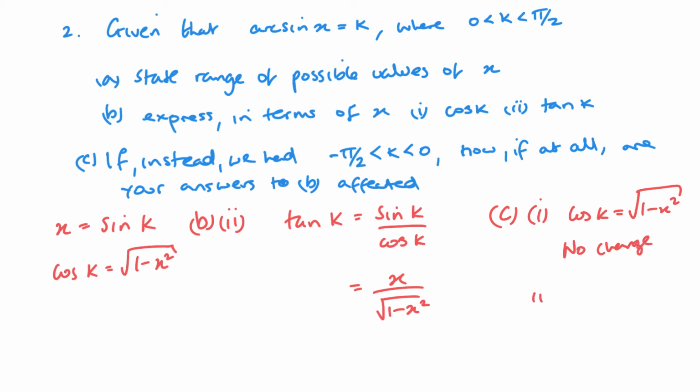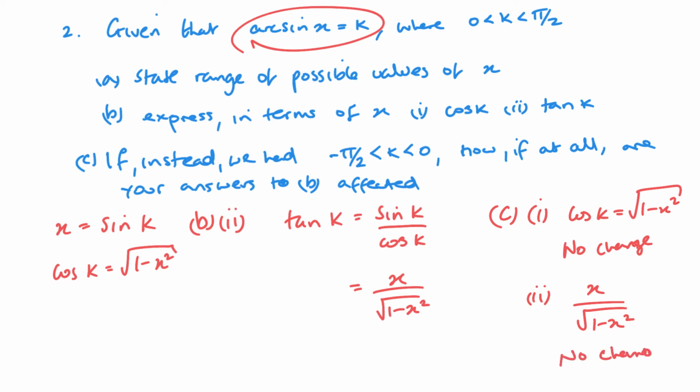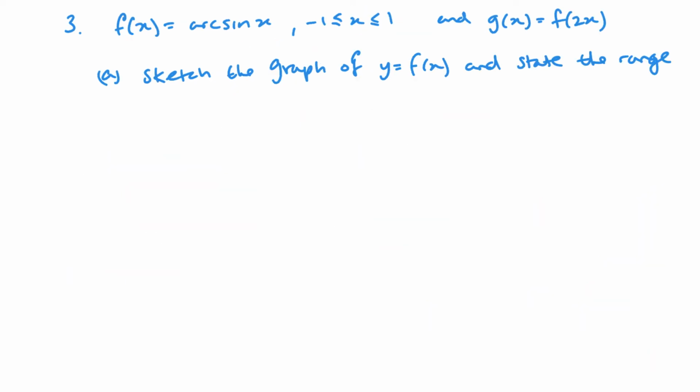And by the way we work out tan, it's still going to be the same sign, because that comes from the question, and since there's no change to the positive, then there's no change to tan as well. So in this case, there would be no change in my answers to part B.